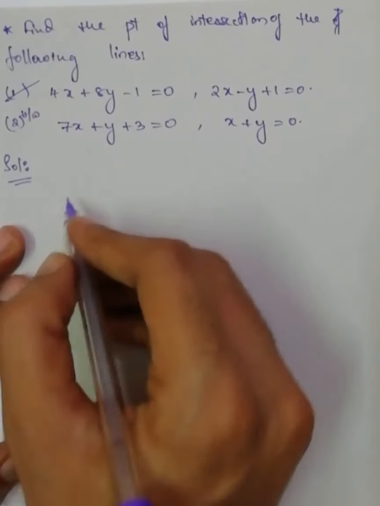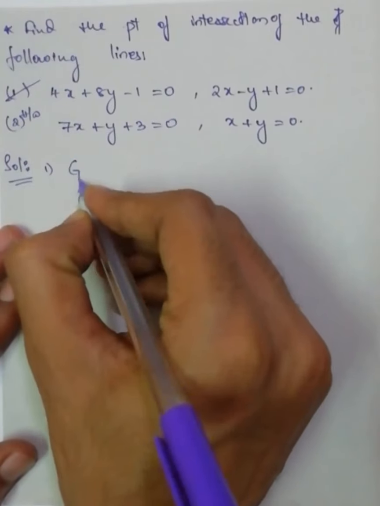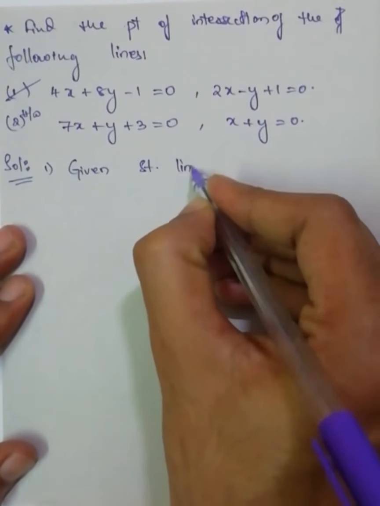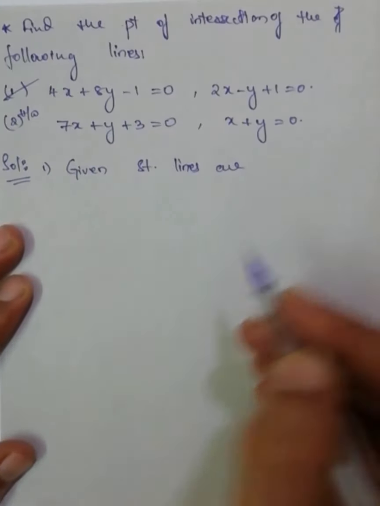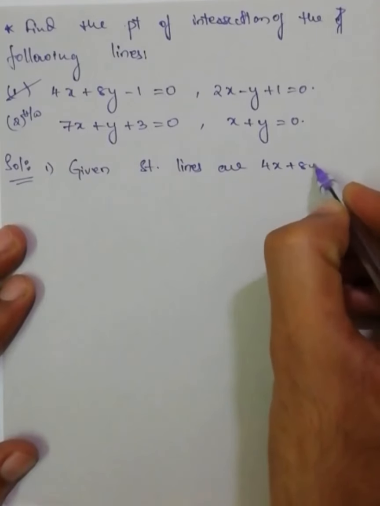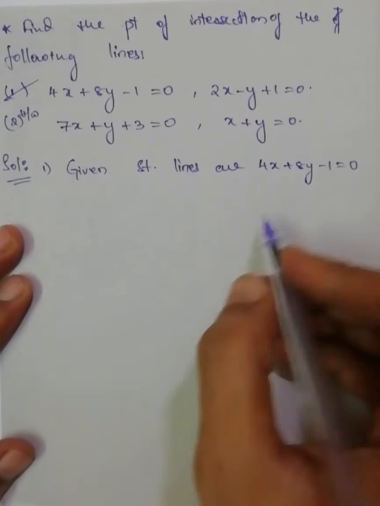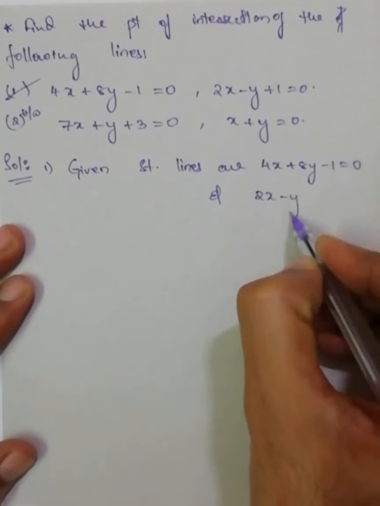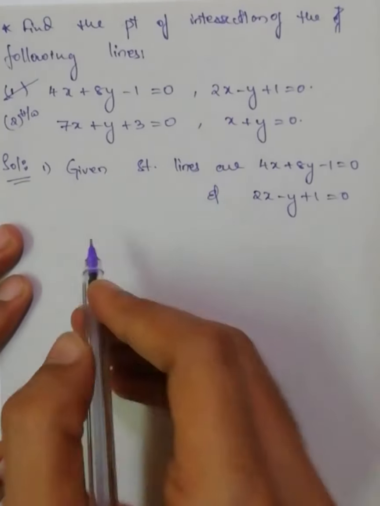The first one, the given straight lines are 4x plus 8y minus 1 is equal to 0 and another one is 2x minus y plus 1 is equal to 0.